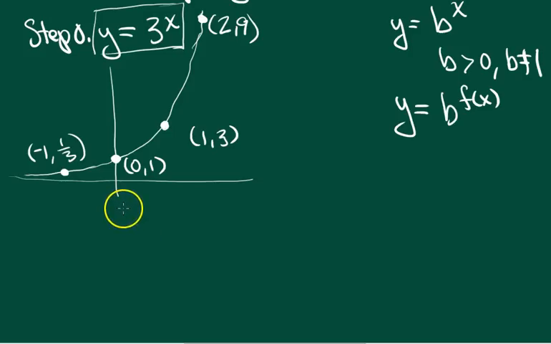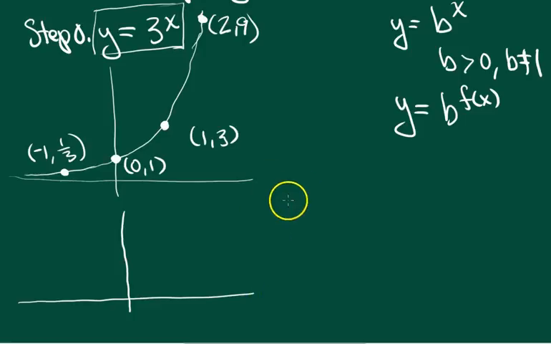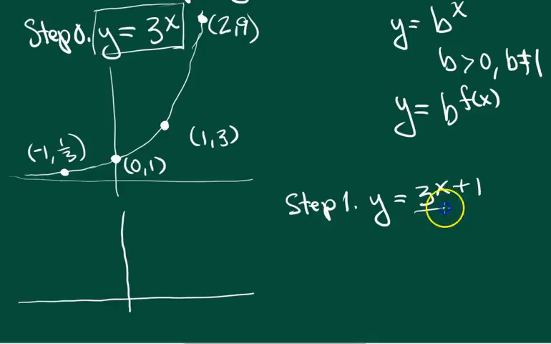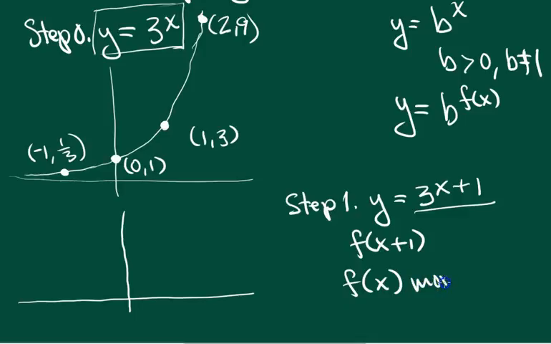Now, people who did pre-calc with me in the last semester know that what follows step 0, my foundation, is step 1, my first transformation. And that is 3 raised to the power x plus 1 in this case. What happens here? Well, f of x plus 1 is equal to f of x moved left 1 unit.